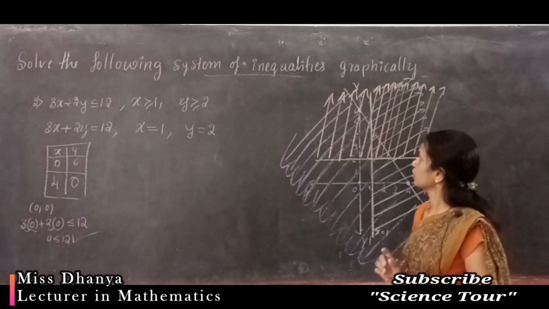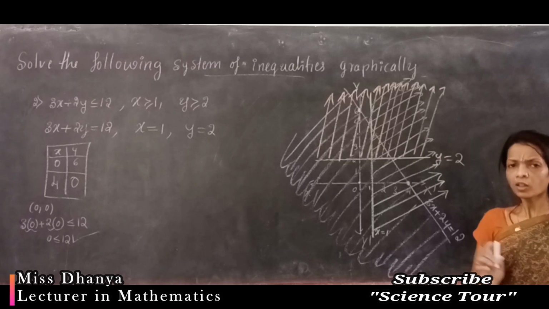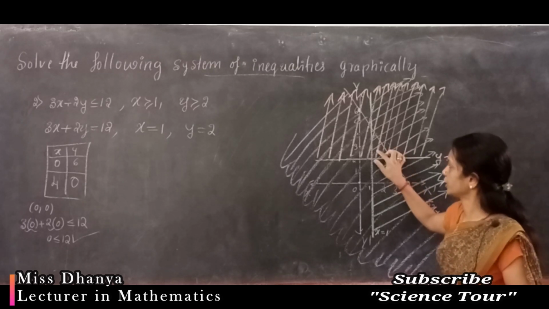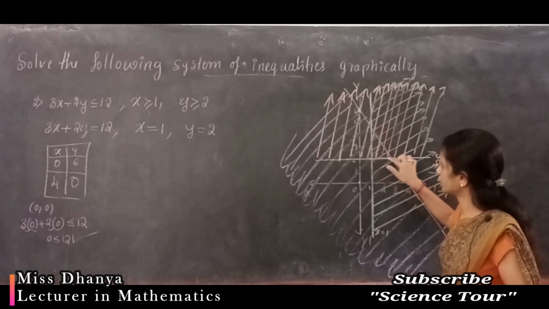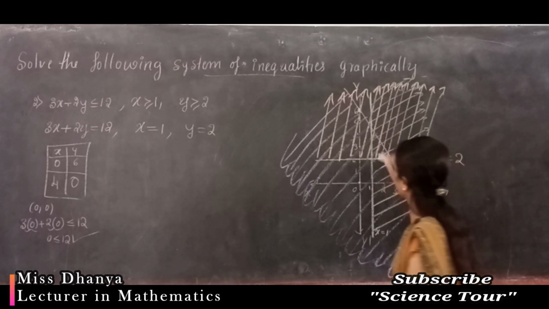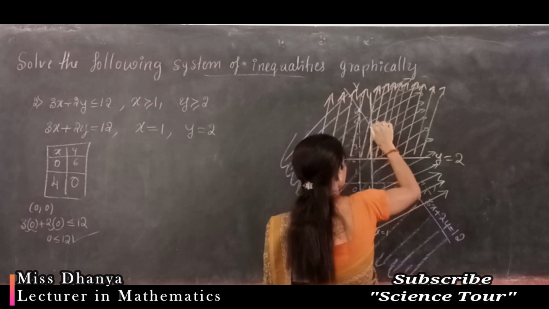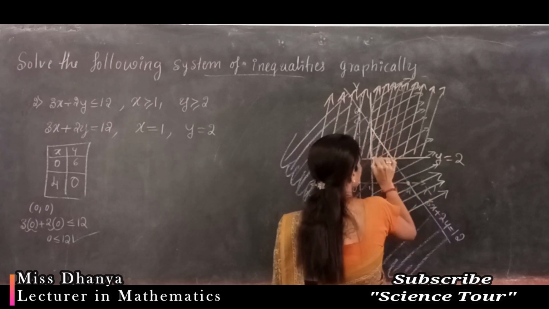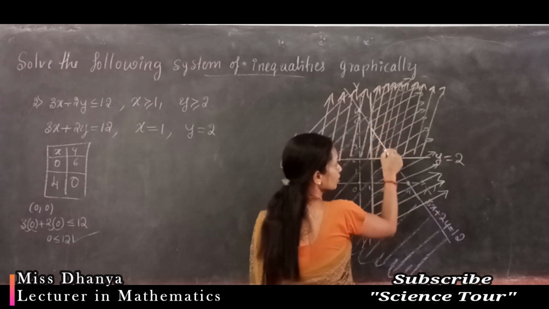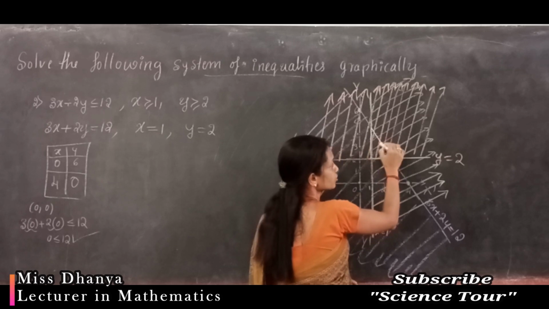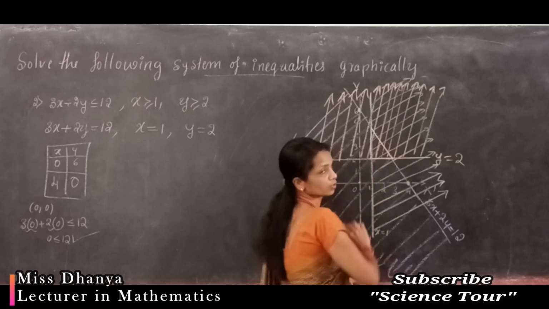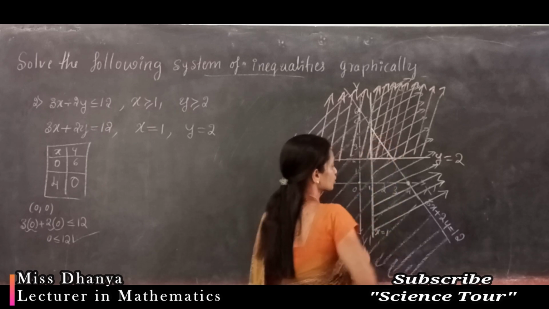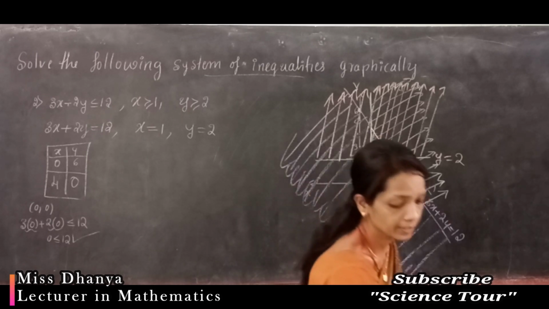So in which region do you have all three shadings, violet, green and orange? See here, in this triangular region; I will highlight that region. In this triangular region you have orange shadings and green shadings, and you have violet color shading also. So this is the common solution region, and I will highlight that.